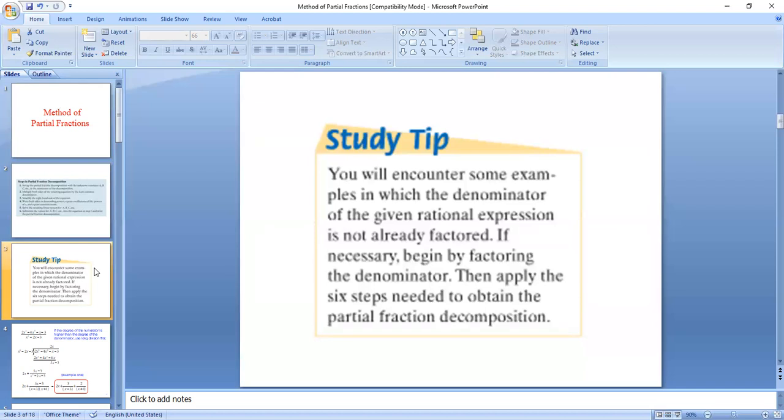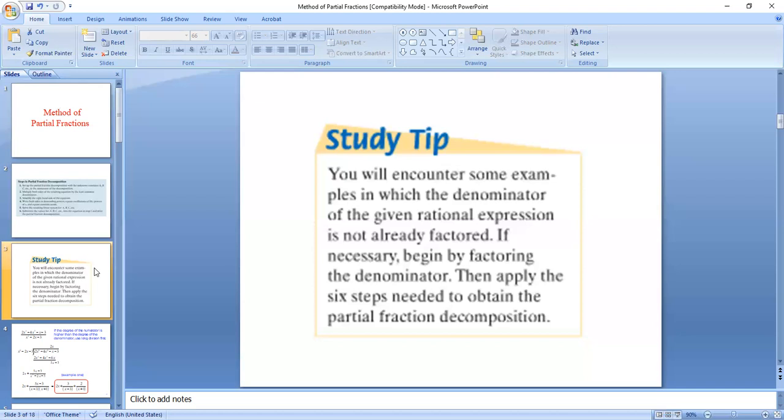Meaning, if the degree of the numerator is equal to or higher than that of the denominator after you have done factoring and canceling the common factors, you need to do long division first. After that, you can apply the 6-step procedure in determining the solution of your integral.